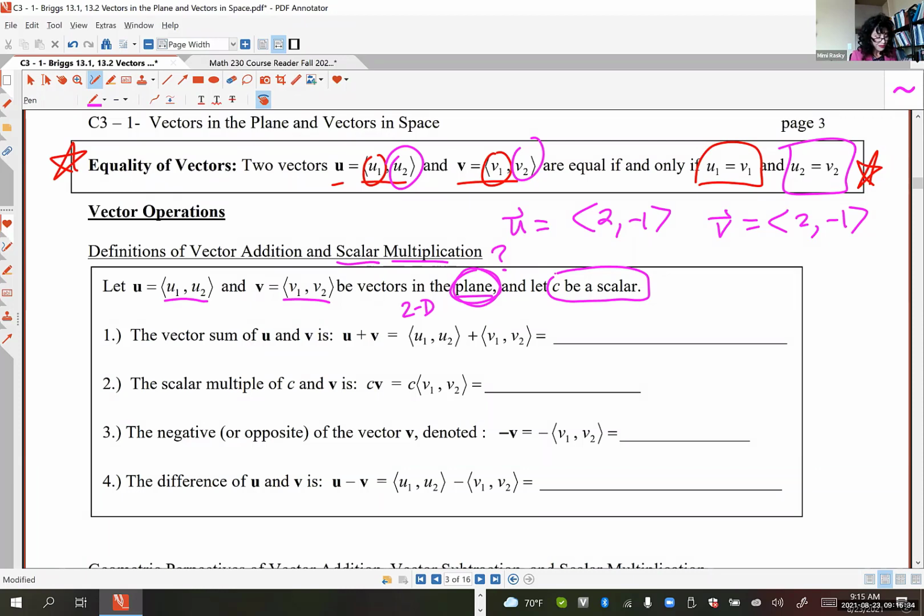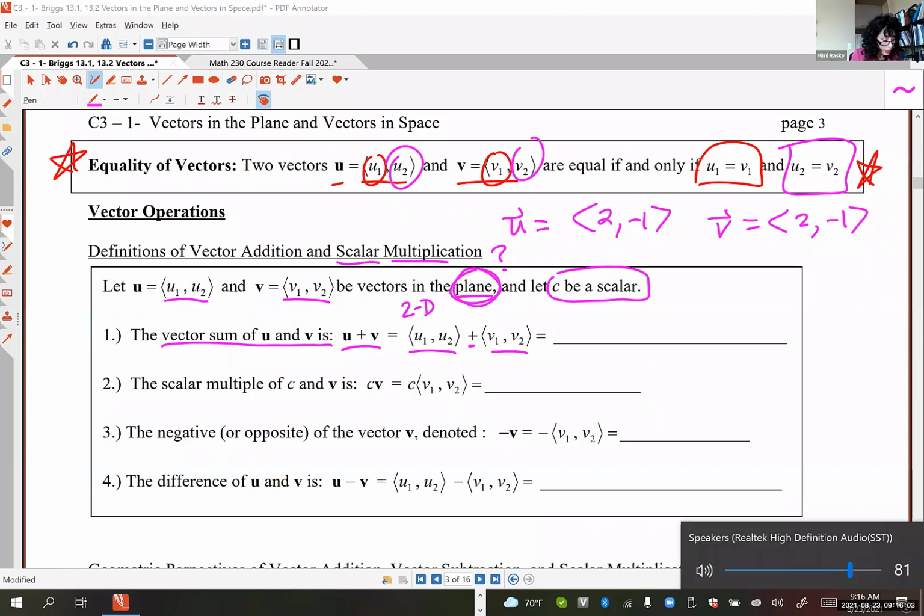It's a scalar. Let's say you were trying to add u and v together. And you already have their component form, which means they're automatically in standard position because you have the component form. And somebody says, hey, can you add u and v together, please? And you're like, yeah, sure. So you're going to take the component form for the u vector plus the component form for the v vector. And what the heck is the result? Well, I do claim the result is a vector. So you are going to want to use the angular brackets.